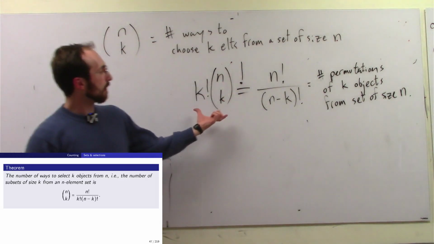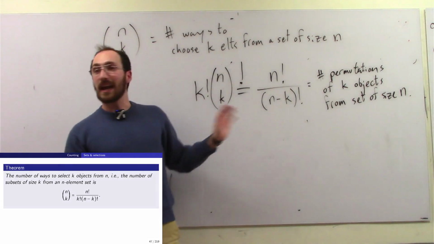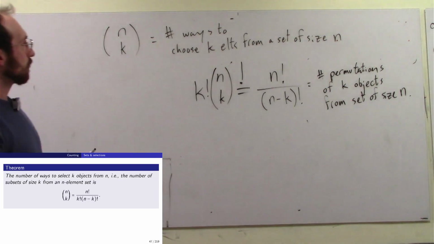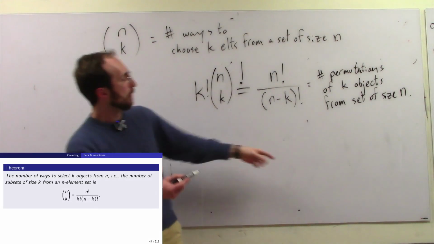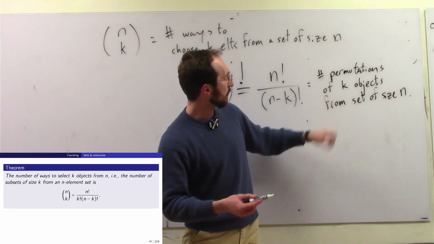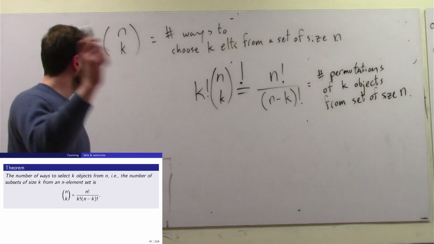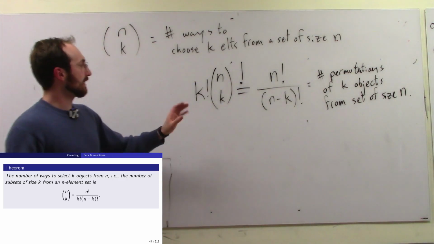If we can show that this is true, I can just divide both sides by k factorial, and I have the result that we desire. So, is it true? Does this count the number of permutations of k objects from a set of size n? Van is nodding. Yes, it does. Okay, good. Why? Well, let's see.